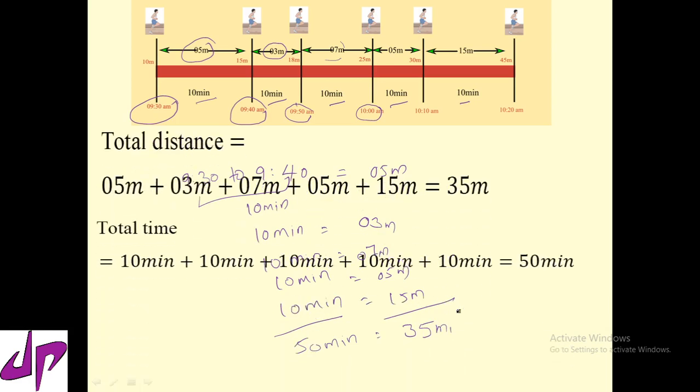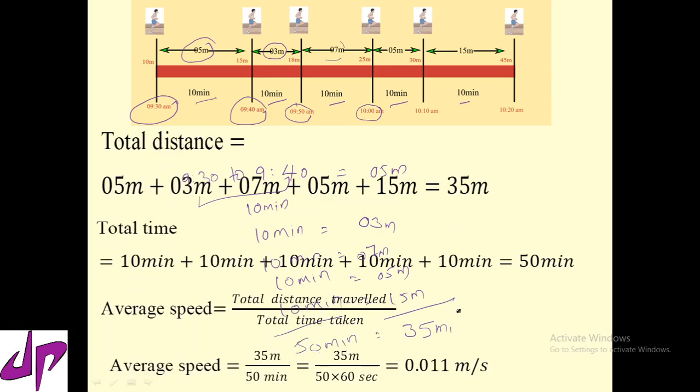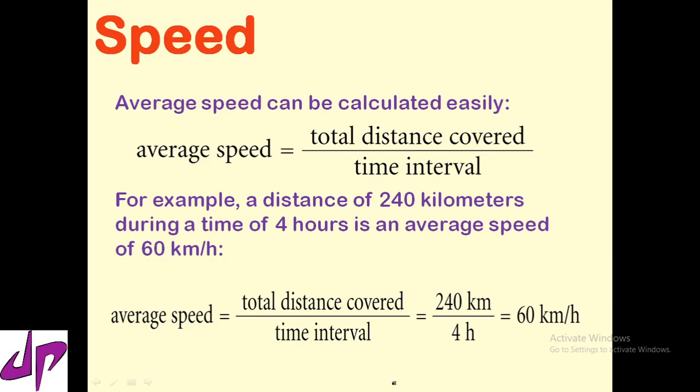Using the formula, total distance by total time taken, with total distance 35 meter and total time 50 minutes, we end up with the average speed of the runner, 0.11 meter per second. Now remember this formula carefully: average speed equals total distance by total time taken.